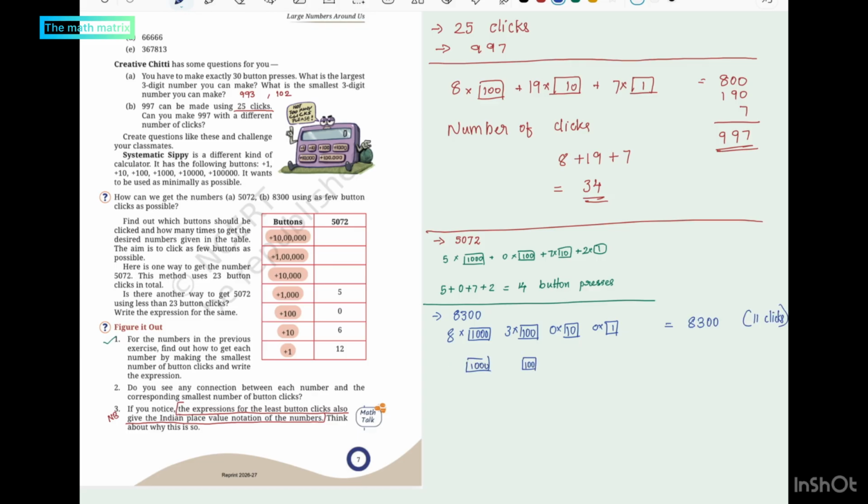We can find another number of clicks: 7 thousands, 13 hundreds, and 0 tens and 0 ones. It will also make 8300. Here 7 plus 13 is 20. So the number of clicks is 20.